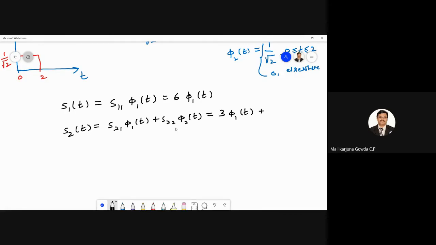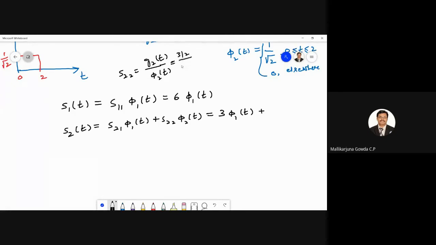So S22 is equal to what? Hope you understood what I said. To find S22, I said, G2 of t divided by phi 2 of t. So we know what G2 of t is. G2 of t is how much? 3 by 2, right?